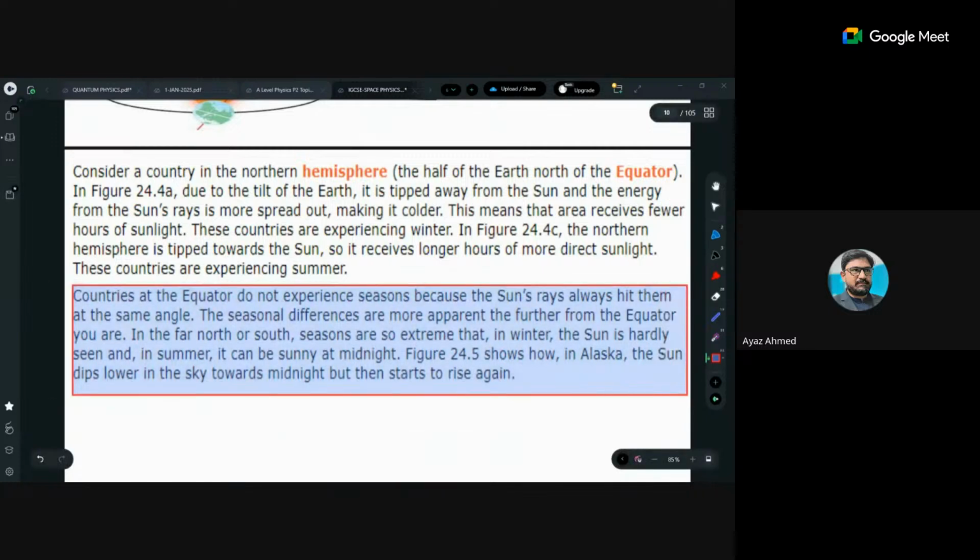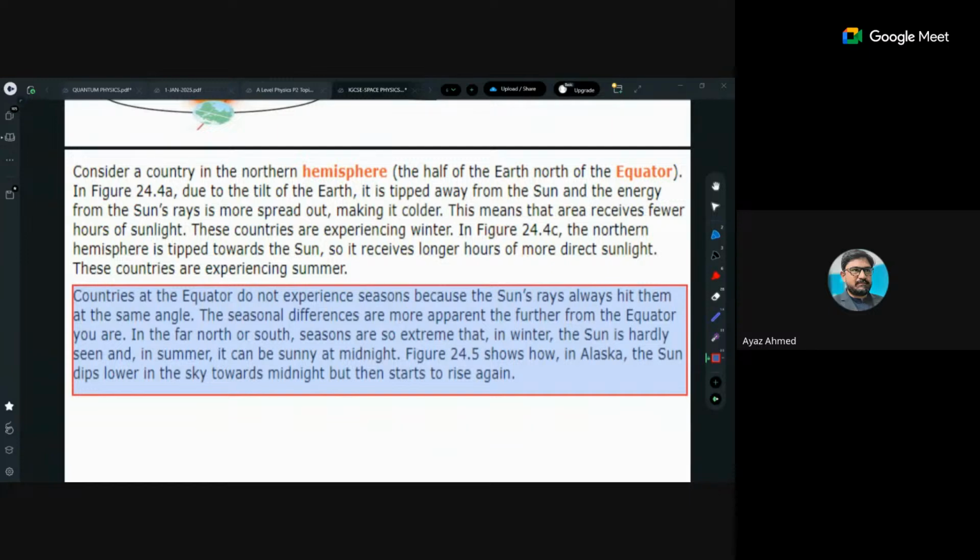Basically those countries which are at the equator, they experience the same seasons because sun's rays always hit them at the same angle, right? So that is why they have the same type of season almost. Okay, the seasonal differences are most apparent the further from the equator. So that is why I talked about the hemispheres, I mean poles and polar areas.